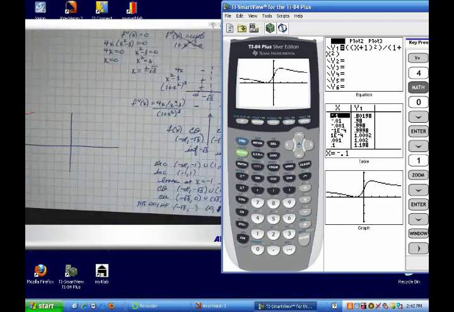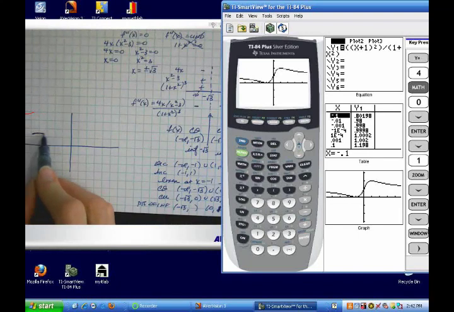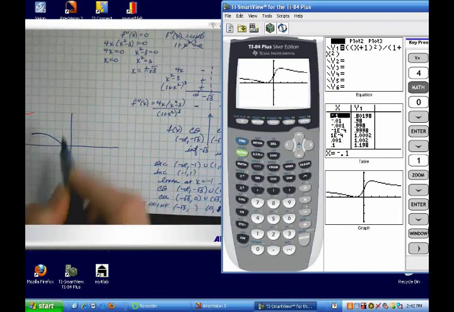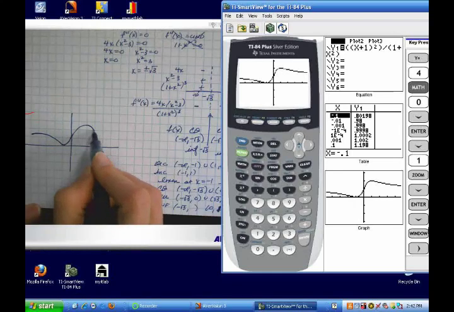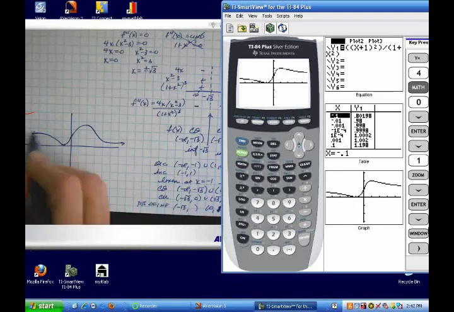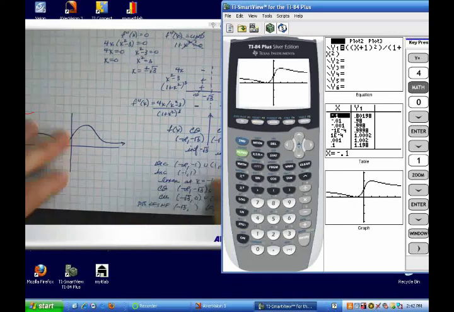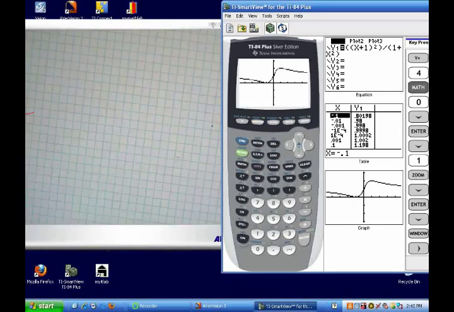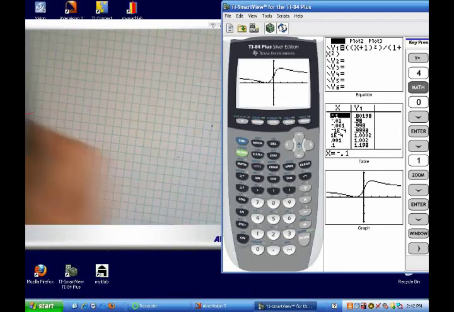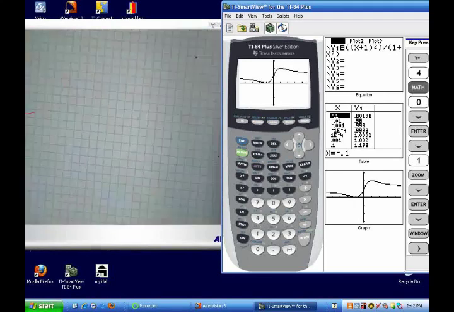What was it? It looked kind of like... I don't duplicate these graphs very well. It goes down to here, and then it goes up, and it kind of changes, and somewhere in here it kind of goes like that, something like that, whatever. There's that red line that drives me crazy all the time. Okay. All right.